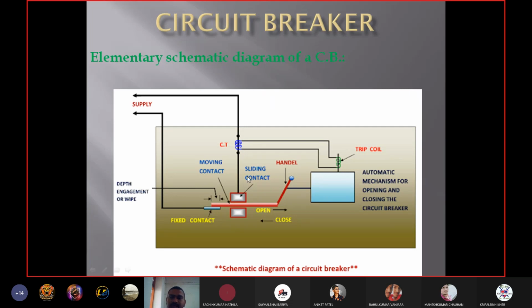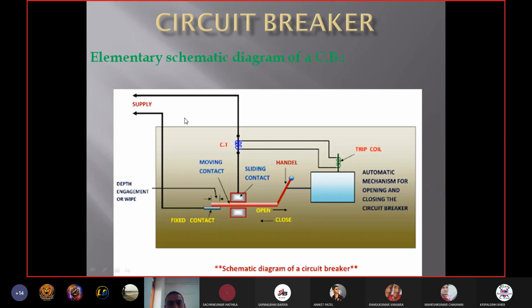In this manner this circuit breaker operates. So this is the automatic mechanism. This automatic mechanism brings this handle into the right direction, and due to it the contacts become open. So this is the schematic diagram of a circuit breaker, showing how it operates when a fault occurs in the system.